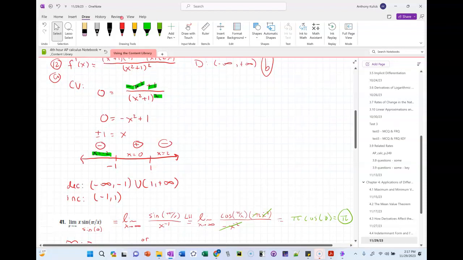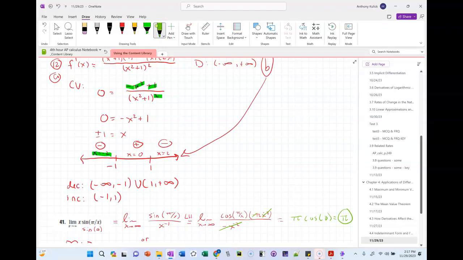Well, I have all the information I need to do part B right here. Since I'm going from decreasing to increasing, that one must be the local minimum. And because I'm going from increasing to decreasing, that one must be the local maximum.